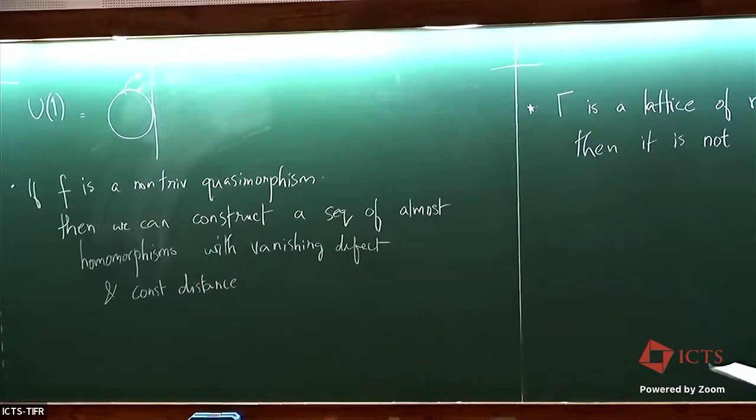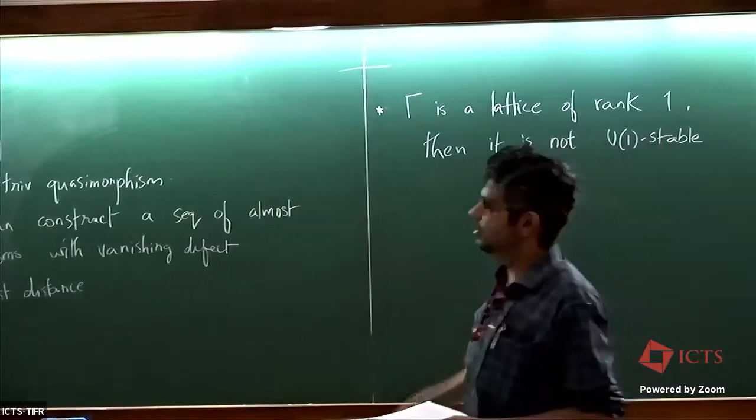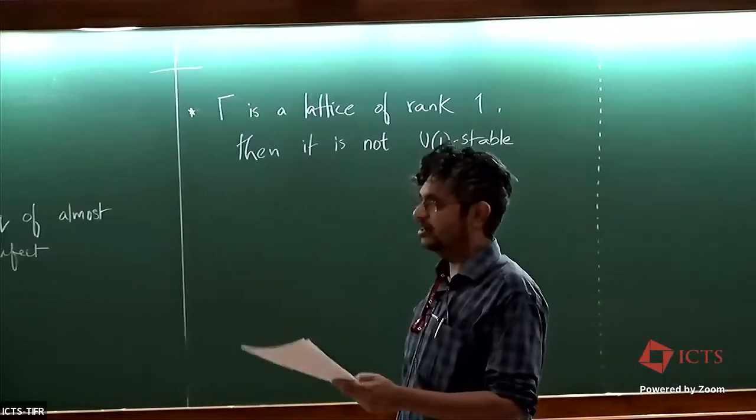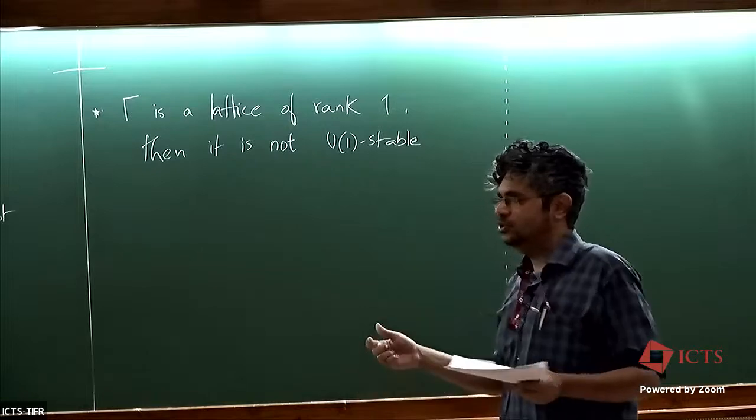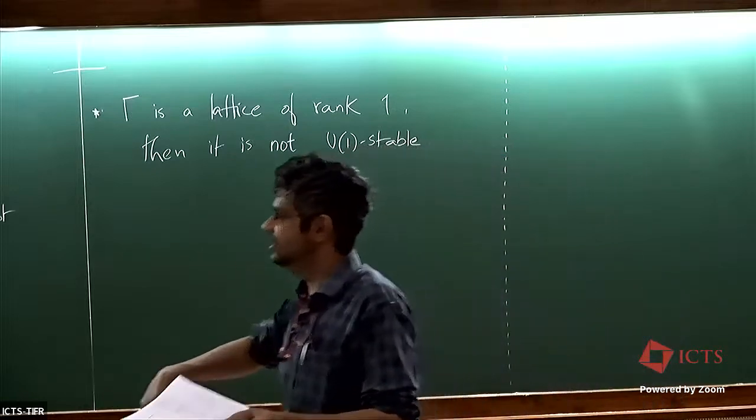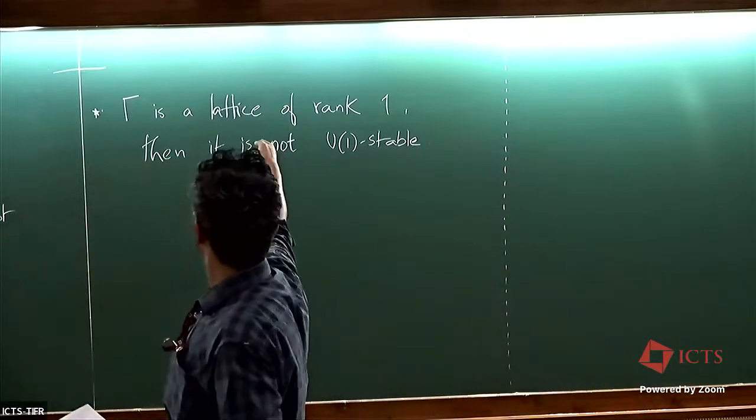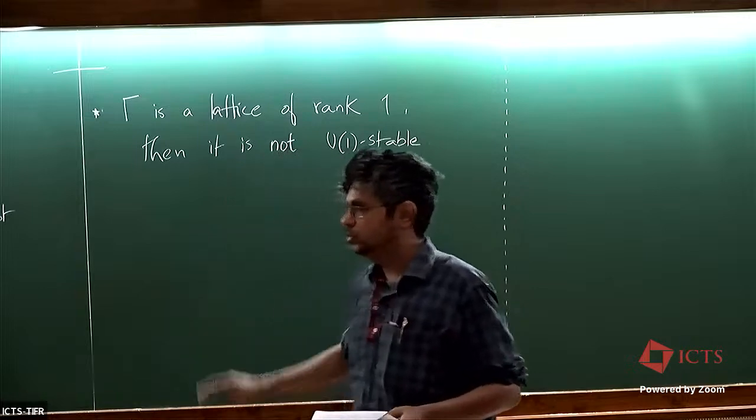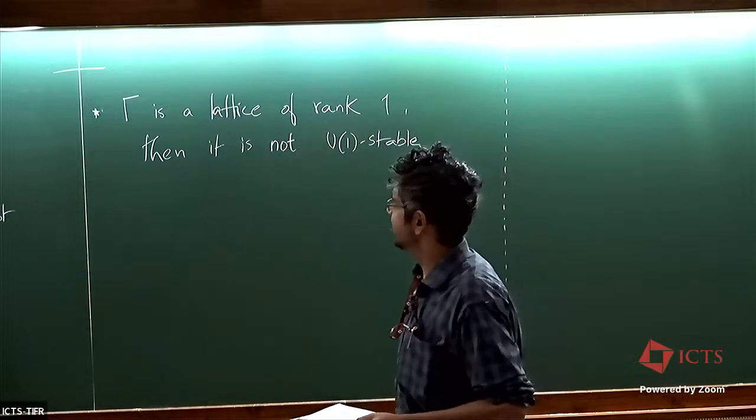And how did we get this? Well, a non-trivial quasimorphism. In fact, Fujiwara's result shows that the comparison map is not injective for a lattice of rank 1. So we just use that result here.